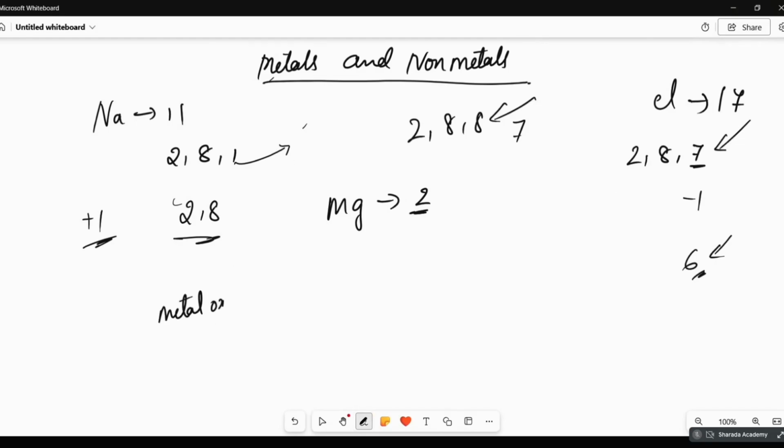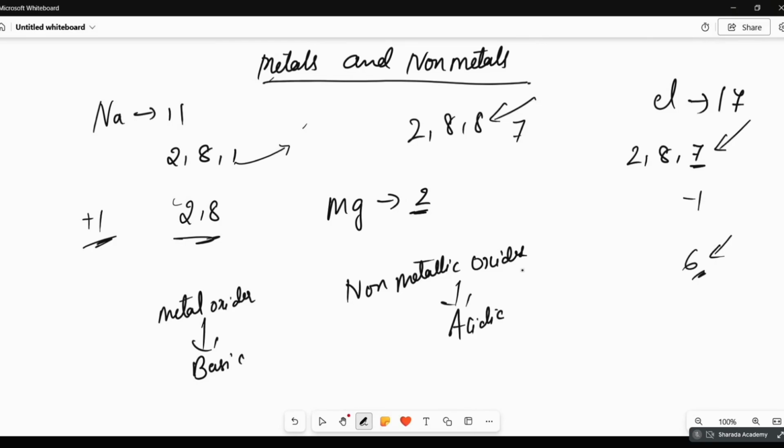Whereas non-metallic oxides are acidic in nature. For example, carbon dioxide, sulfur dioxide, sulfur trioxide are all non-metallic oxides.